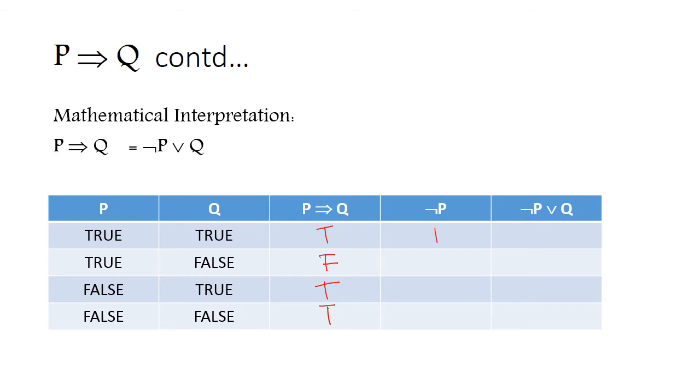Not P: this is false, this is false, this is true, this is true. And what is not P or Q? This is not P and this is or Q. So this is true, this is false, true, true will give you a true, and false, true will give you a true. So can you see that this column and this column are identical? So that means they are equal.